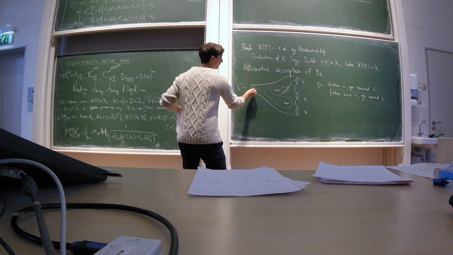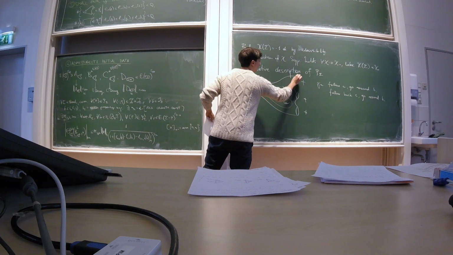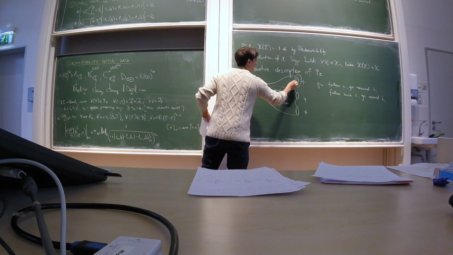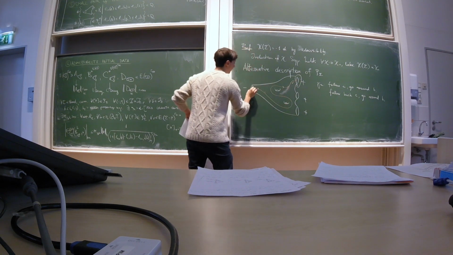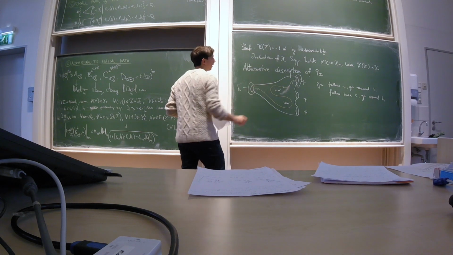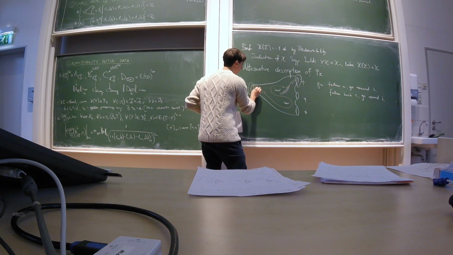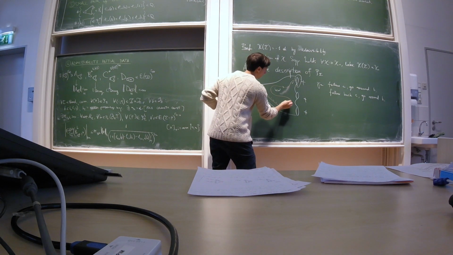So you start from here, you follow, then you go around it, then you follow back, and then you go around it. Then you consider its homotopy class, so you have to think that you have something like this.